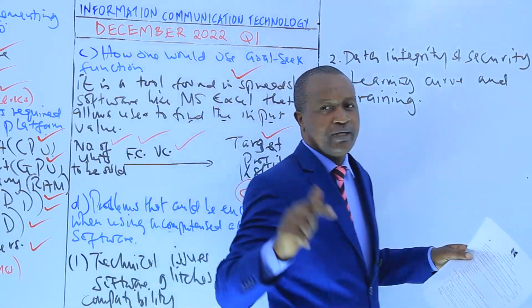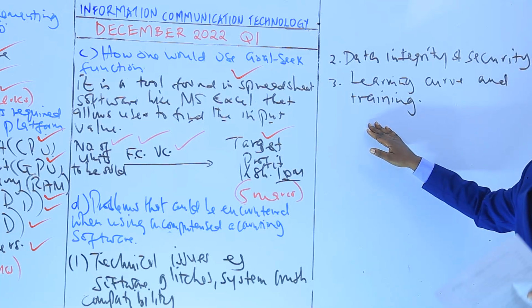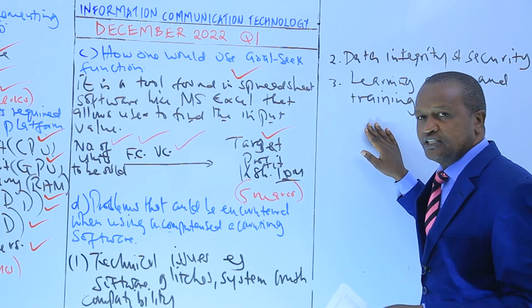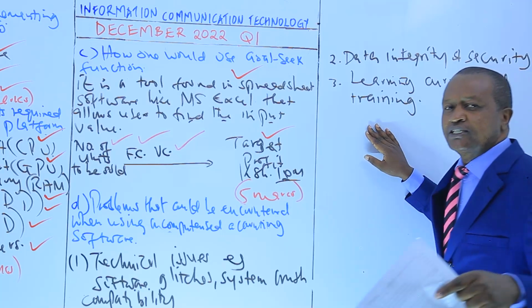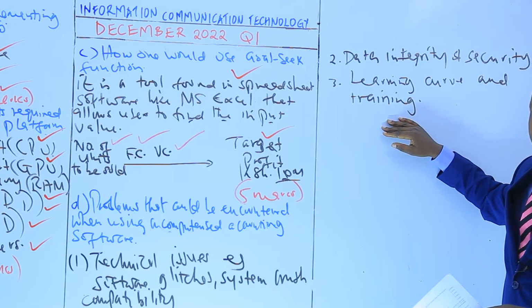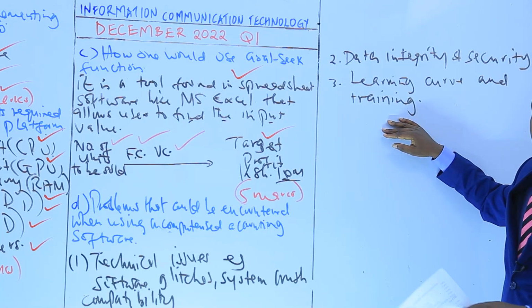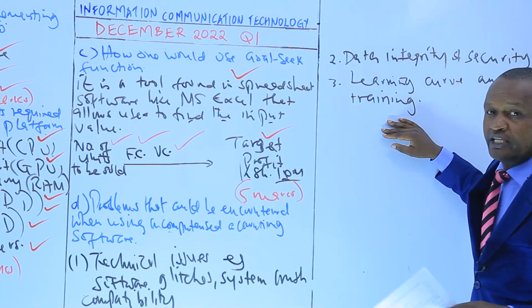And some users may encounter challenges in learning the software functionalities, or even struggle with understanding complex accounting concepts in a digital environment. So adequate training and support are essential to ensure effective use of the software and minimize user errors.